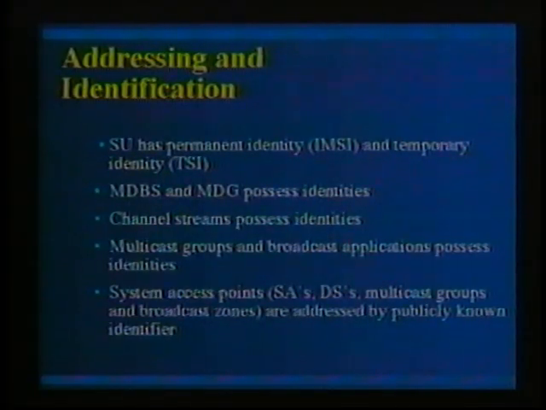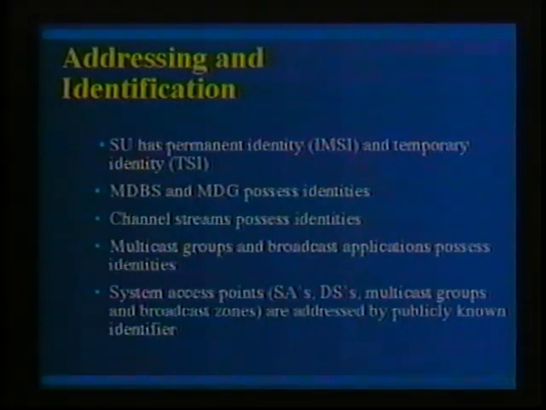There's a permanent identifier for the subscriber unit so that the network knows who it's talking about, and a temporary identifier which allows you to mask that permanent identifier from the outside world, and we'll discuss how that happens. The MDBS and the MDG each possess identifiers. These allow the subscriber unit to know where it is in the network and to know that things like a channel hop or a cell transfer have occurred.